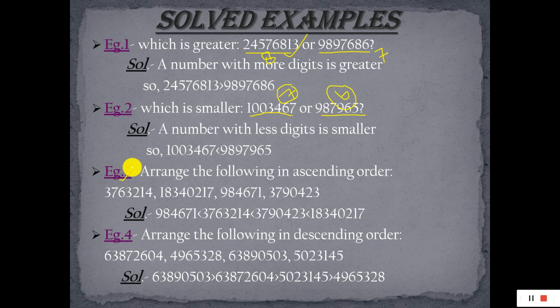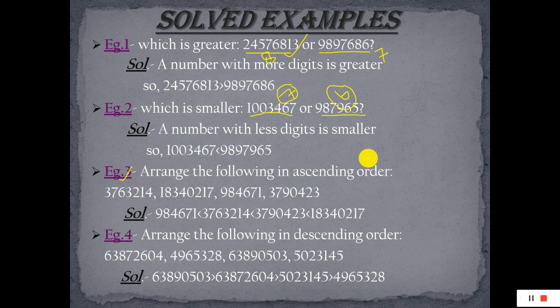Next example, arrange the following in ascending order. Ascending order and descending order, you may have studied in class 5. Now I will tell you what ascending order and descending order are.